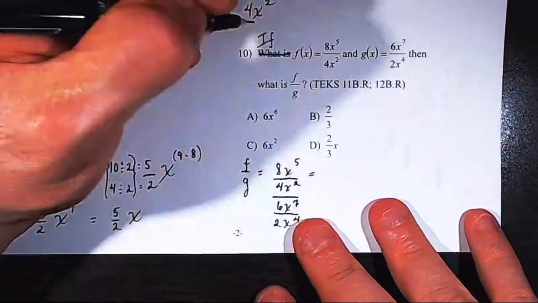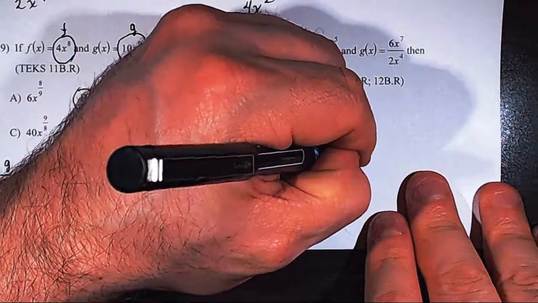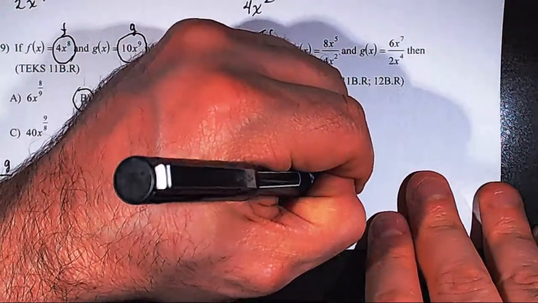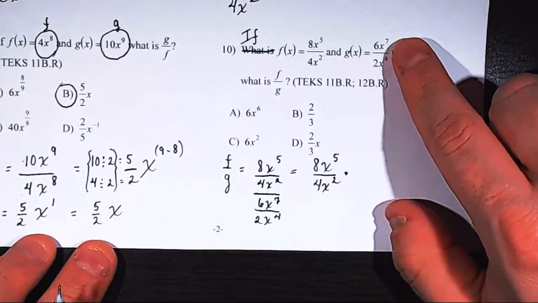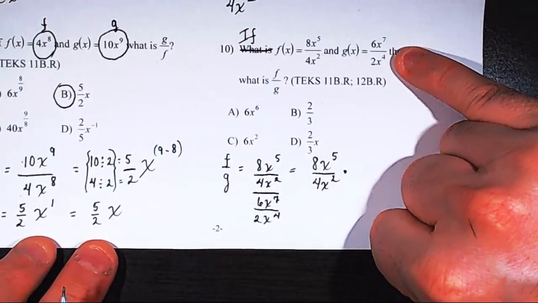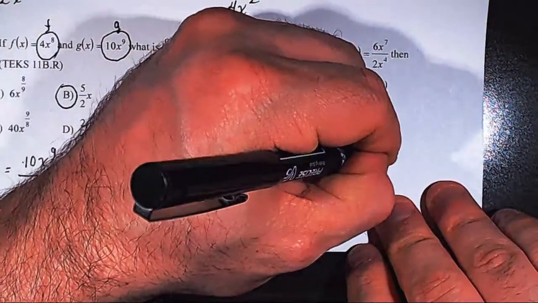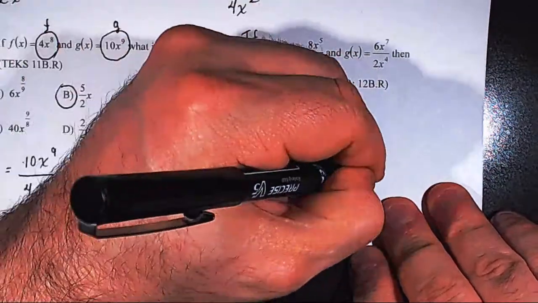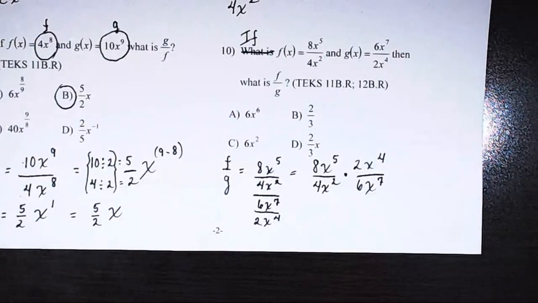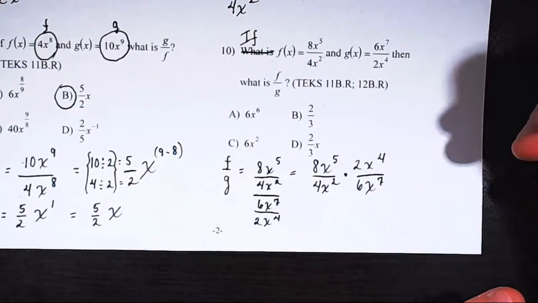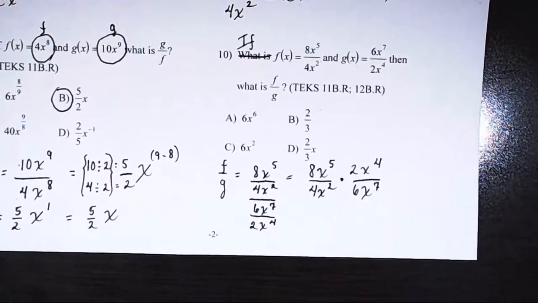So we're going to use reciprocal multiplication and do this a different way. 8x to the 5th power over 4x to the 2nd power times the reciprocal of the expression for g of x. The reciprocal there is times 2x to the 4th over 6x to the 7th. You might want to pause the video right there if that's confusing to you, because that was the key. You had to flip the numerator and denominator in g of x.